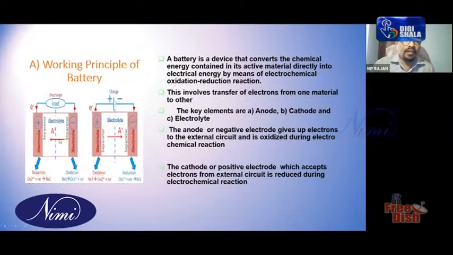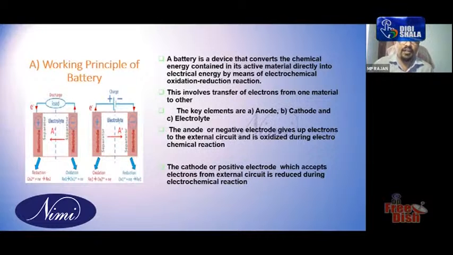So mainly you can see a battery comprises one anode, one cathode and electrolyte. Anode is a negative electrode, some sort of metal. And cathode is a positive electrode, that is also a metal.